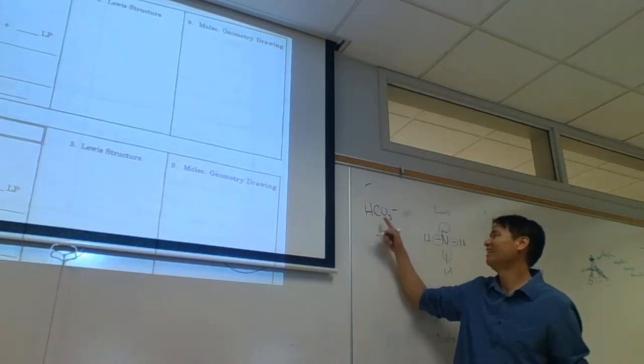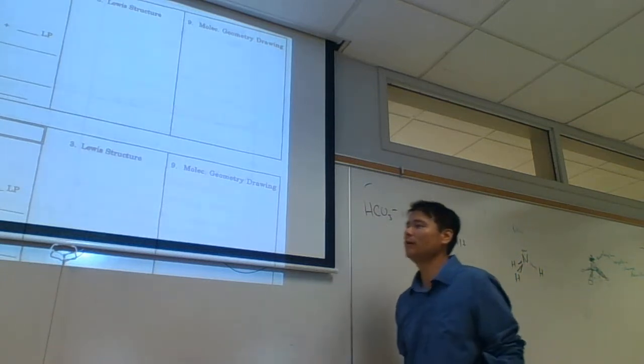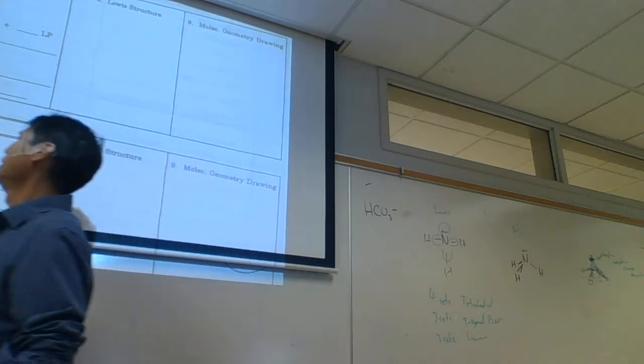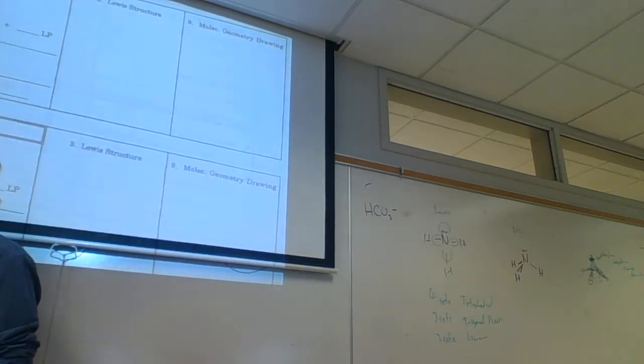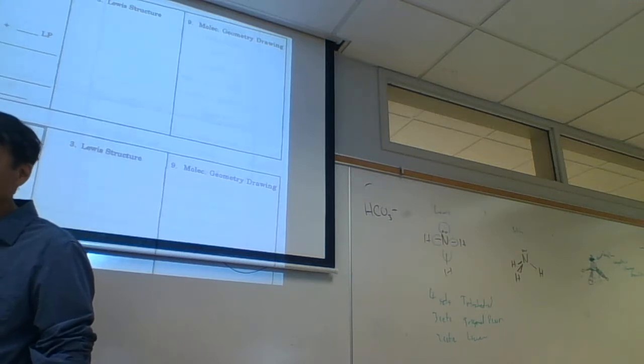And so don't use this to automatically decide. If we have something like this, NOCl, which atom usually goes in the center? Nitrogen. Yeah, it'd be less electronegative. The nitrogen would go in the center. But not always, because oxygen is perfectly happy being in the center as well. But you have to be careful.